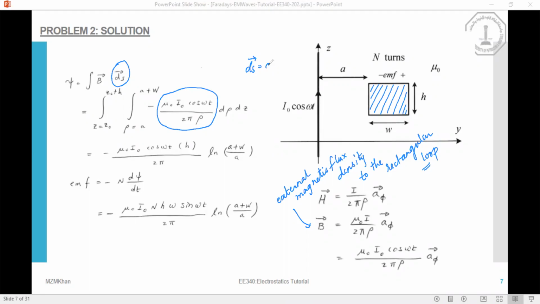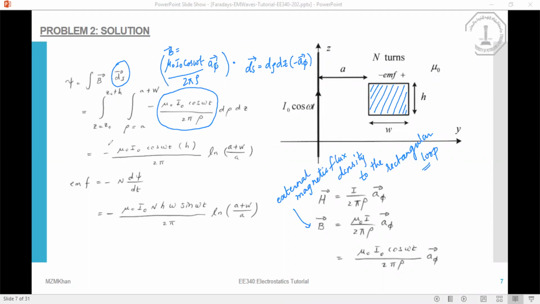So it will be d rho dz minus A phi. And this is mu naught I naught cosine omega t over 2 pi rho times A phi, dot product with this one. Therefore, you will get minus this one, d rho dz. So this is my B bar dot product with ds.